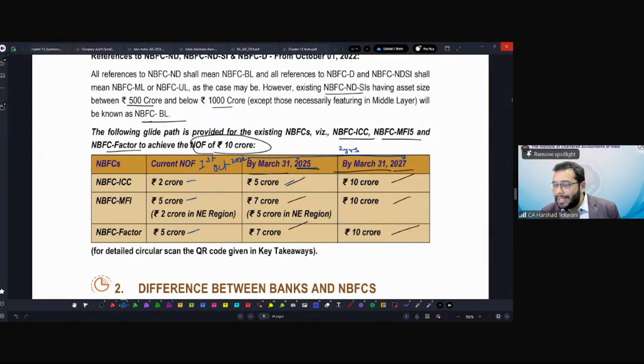So there are other things also when it comes to the accounting standards, Ind AS, with respect to the NBFC. For example, Ind AS 109. Can anyone tell me what is Ind AS 109?